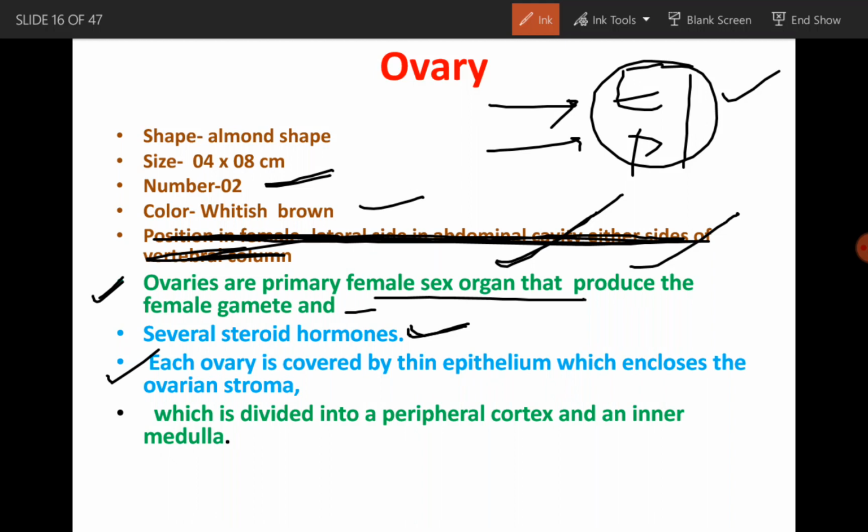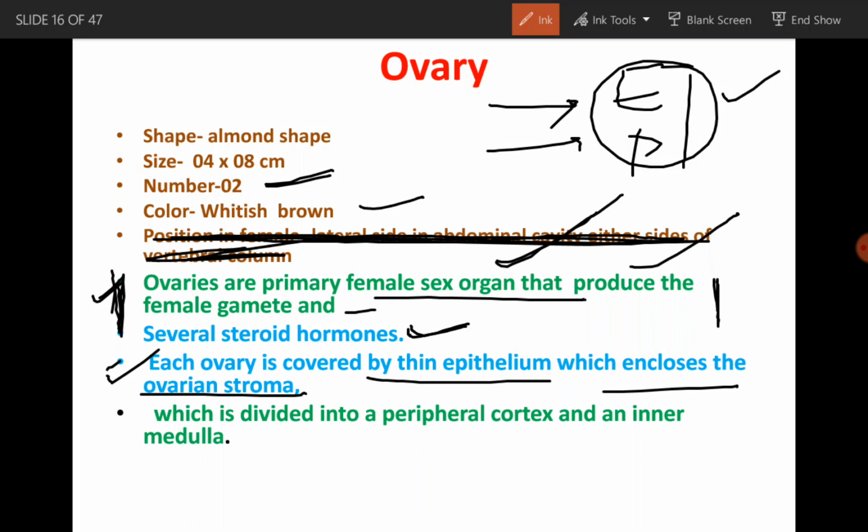We will study that later. So these are the two important functions of the ovary. One is oogenesis, and the second is secretion of hormones like estrogen and progesterone, which play a very important role in the menstrual cycle.